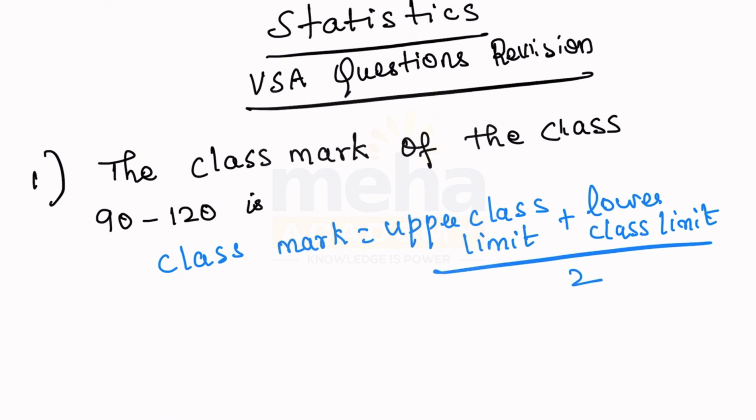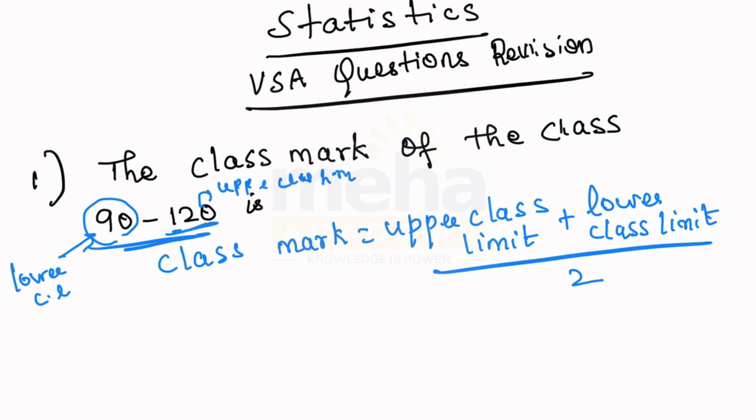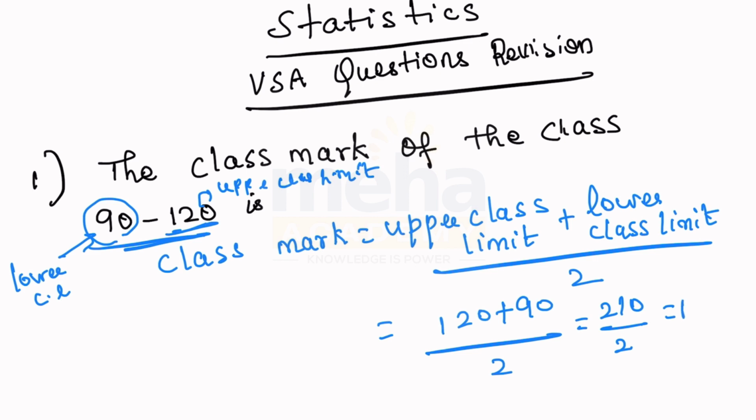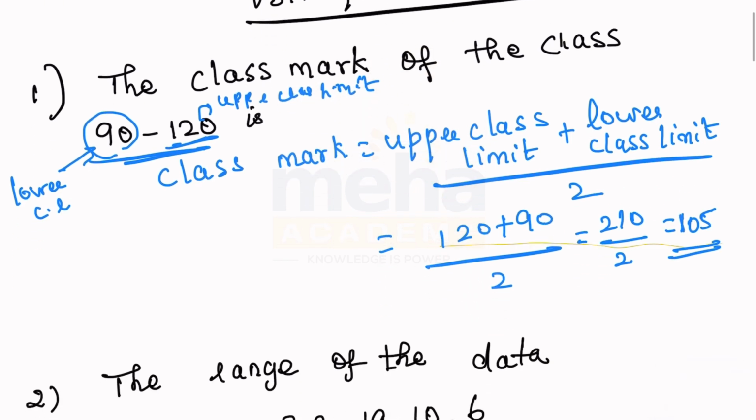In the class interval 90 to 120, we know 90 is called the lower class limit and 120 is called the upper class limit. By applying the formula, it is 120 plus 90 over 2, that gives me 210 over 2. The answer is 105. So the class mark is 105.